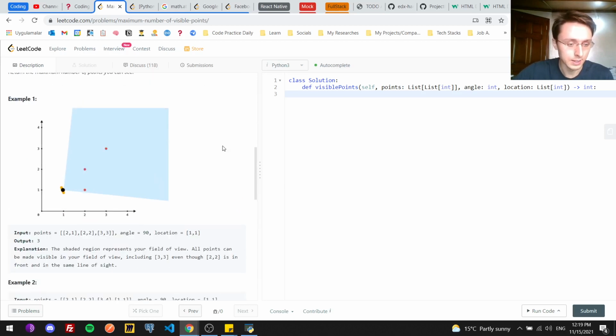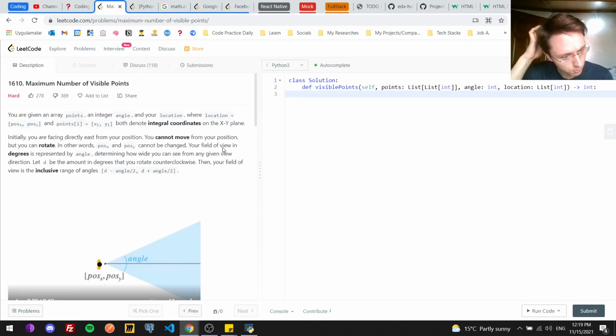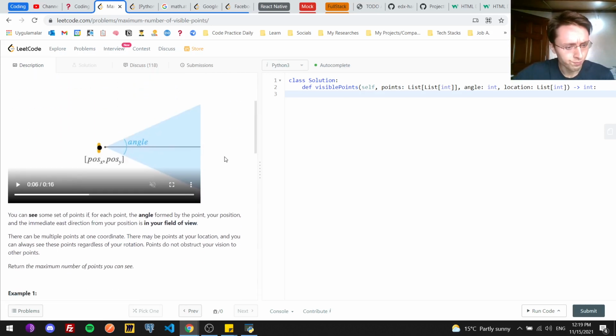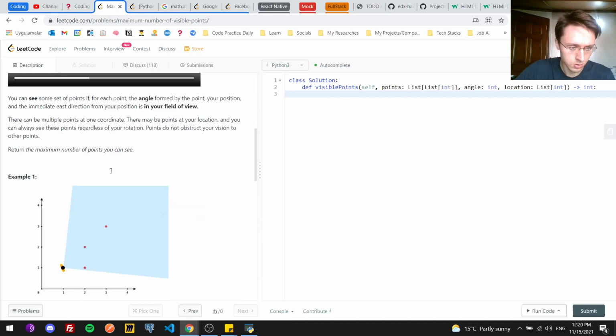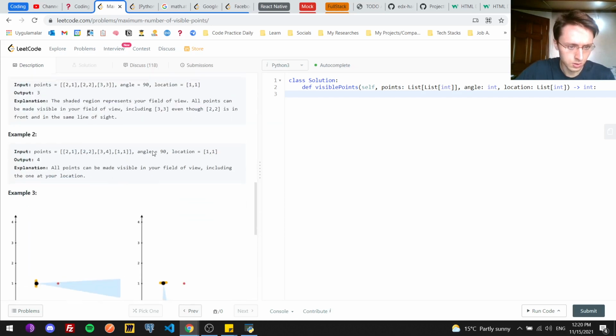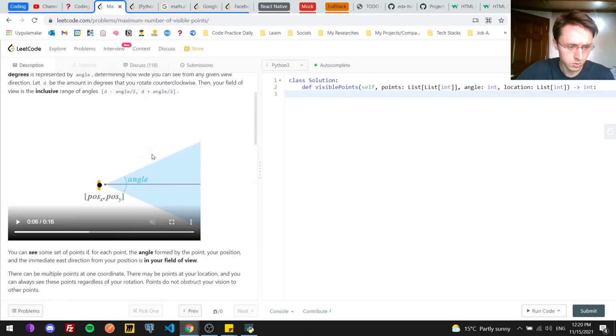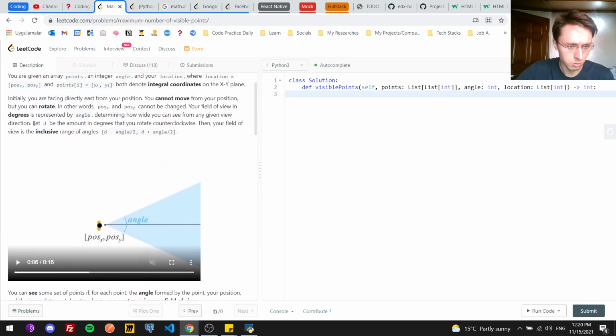What do we need for this? So the thing here is the amount of degrees you rotate counterclockwise.